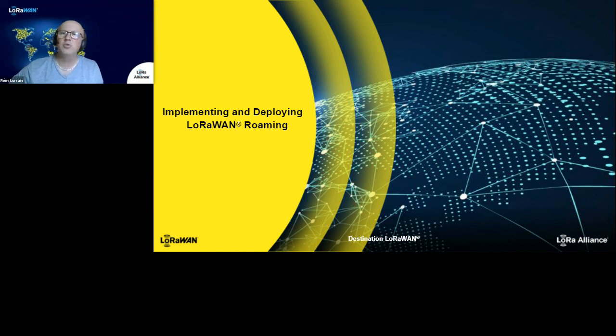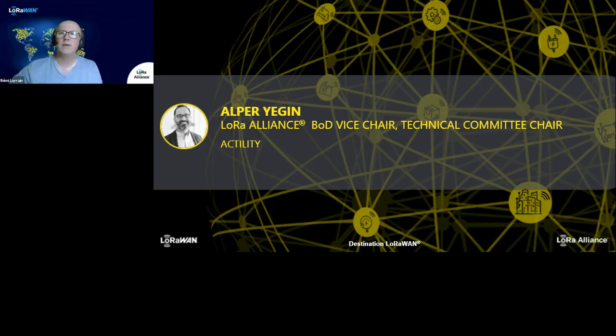Let me introduce you to our host speaker, Alper Yegin. Alper is probably one of the most knowledgeable persons on LoRaWAN roaming. Alper Yegin has been actively contributing and leading development of Internet and telecom standards for the past 20 years in various forums, including IETF, 3GPP, ETSI, and Zigbee Alliance.